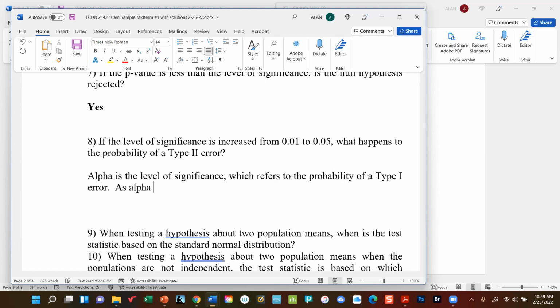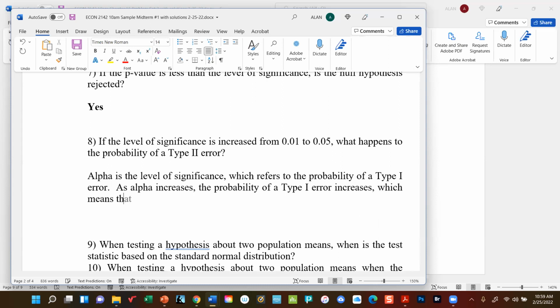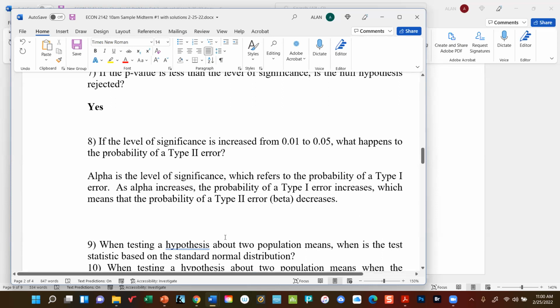As alpha increases, the probability of a type 1 error increases, which means that the probability of a type 2 error, which we sometimes call beta, must decrease. Okay, so that's the logic. When you write this down, you can just say decreases, but I want you to know why.